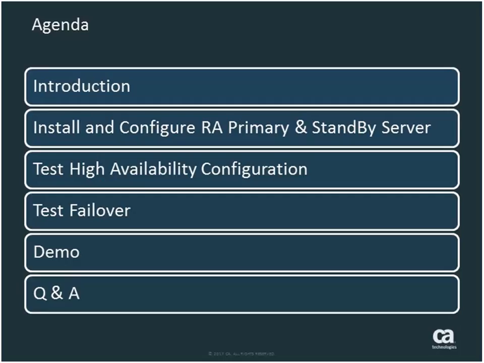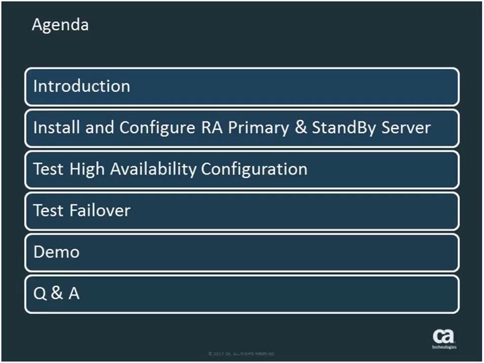For demo purposes, I'll be using a Tomcat server, and I'll be deploying a sample WAR file to that Tomcat server. Then I'll test the failover as well, making sure that if my primary is down, my standby is working correctly and it is deploying all the code that is required to be deployed. That's it. This is the whole agenda of the meeting.